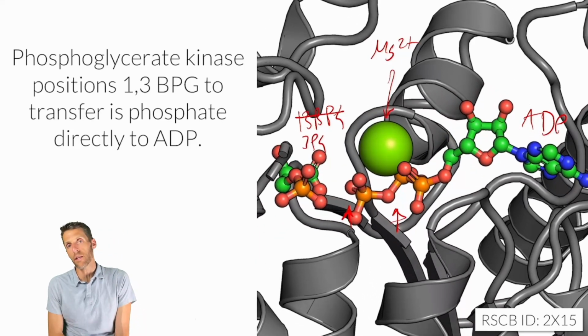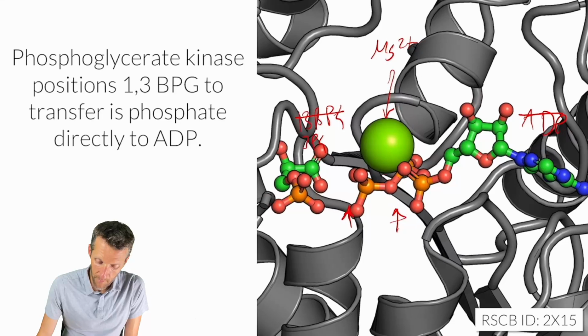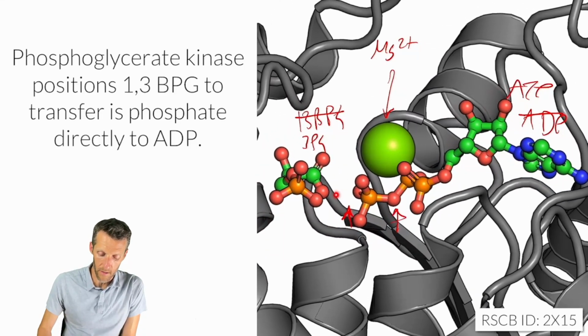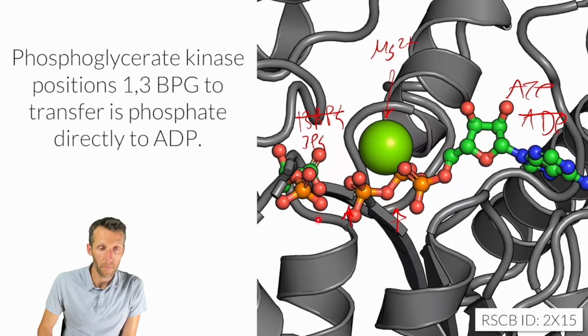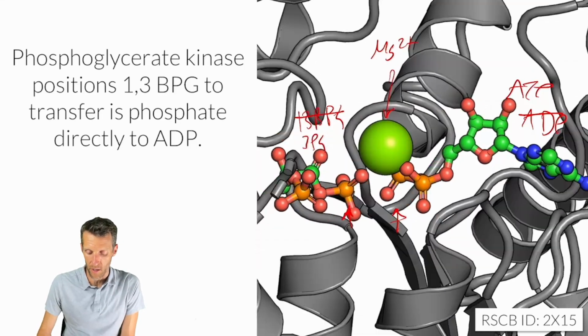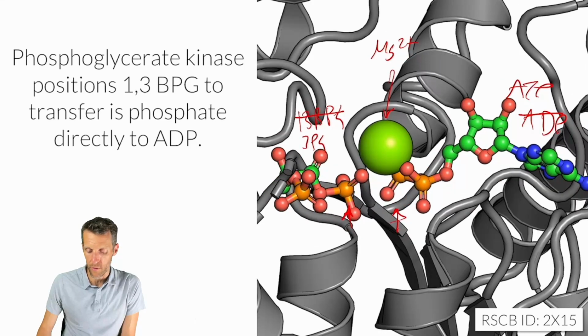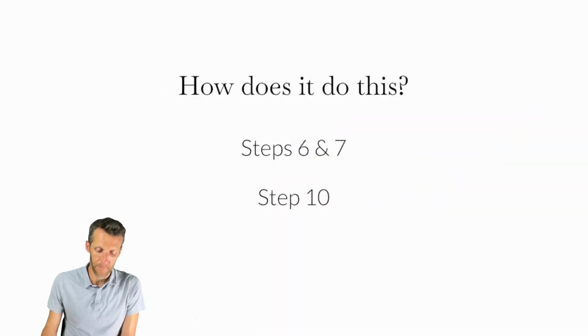It lost its phosphate. And now the ADP has become an ATP because the phosphate has moved from the metabolite onto the ADP. So we're going to go back, forward, back, forward. Hopefully you can appreciate that simple phosphate transfer reaction.